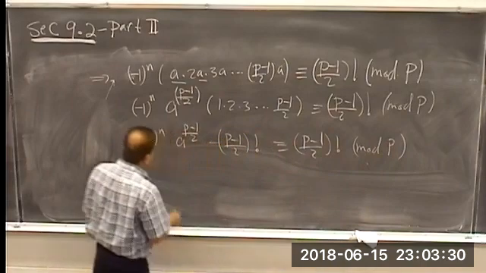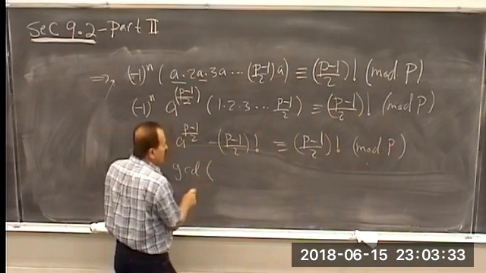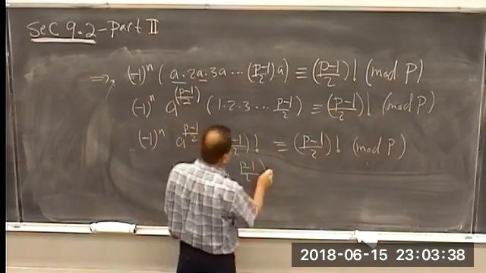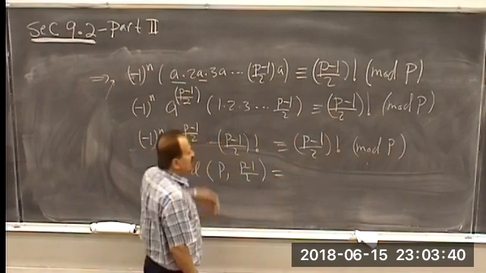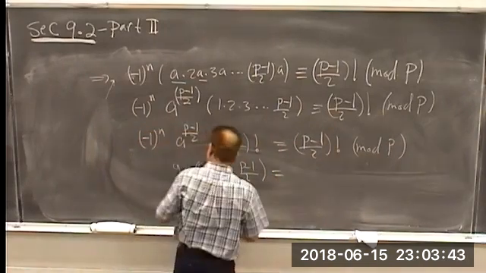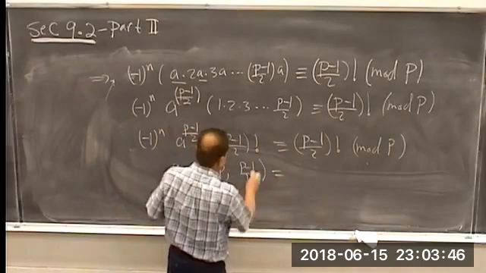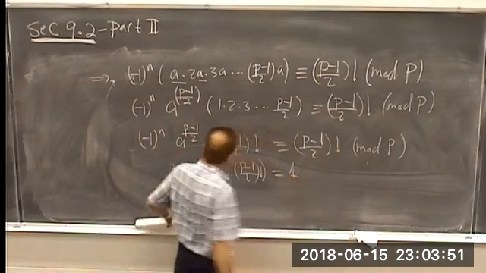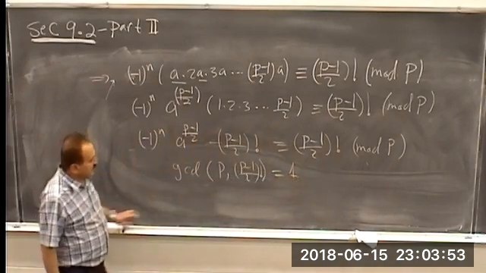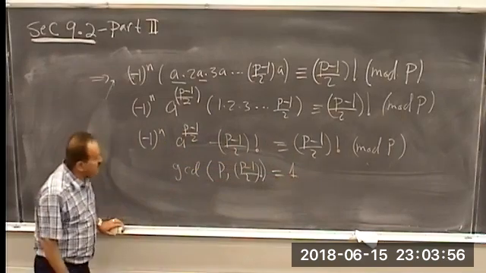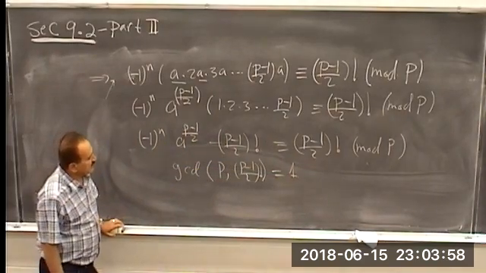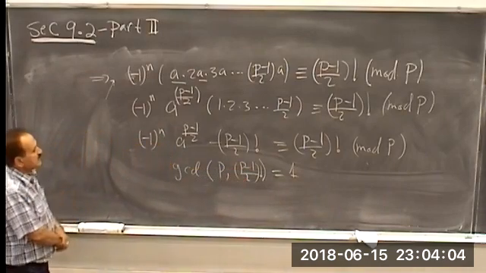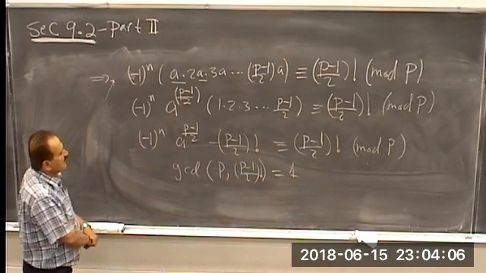Now, the greatest common divisor of p and ((p−1)/2) factorial is equal to 1, because p does not appear in any one of the numbers in this factorial, since it starts with (p−1)/2, which is actually smaller than p.